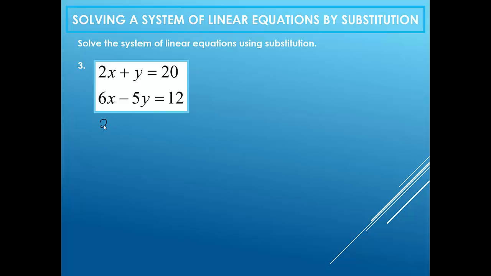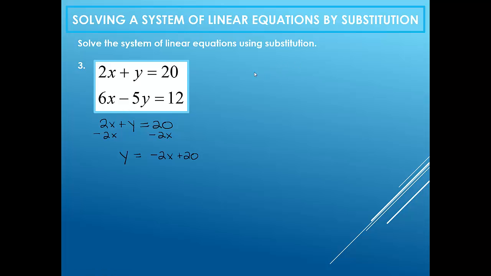So I have 2x plus y equals 20. I can solve this one pretty easily for y because all I need to do is subtract 2x from each side. So I have that y equals negative 2x plus 20. Now, since I know that y equals negative 2x plus 20, I can substitute that in to my second equation and solve.